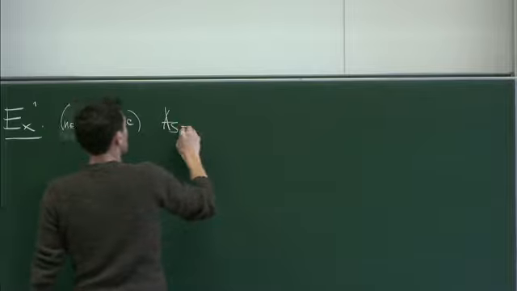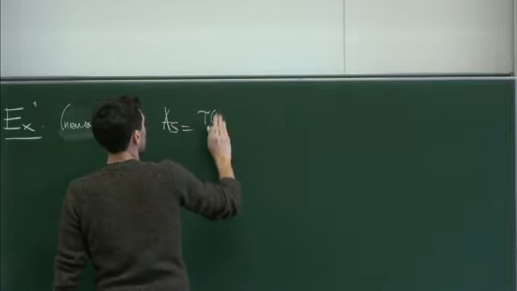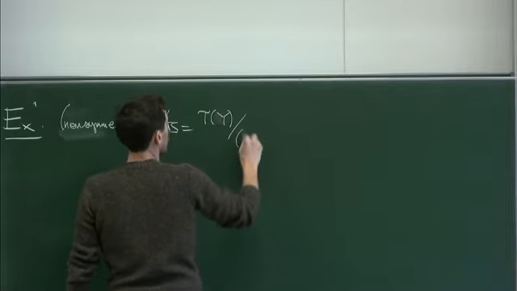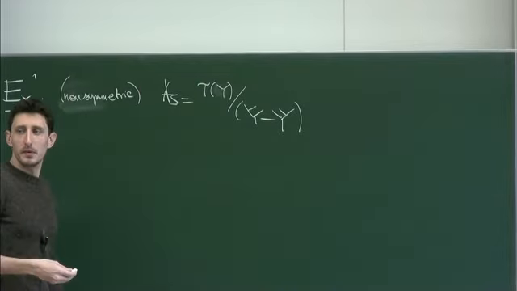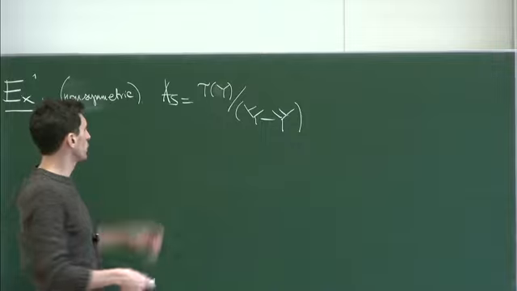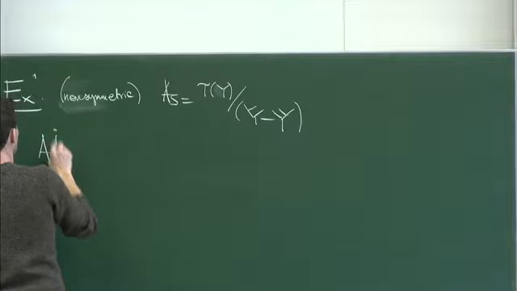Okay, so As is given by T of E modulo R. And honestly, please do that exercise of computing As anti-shriek.